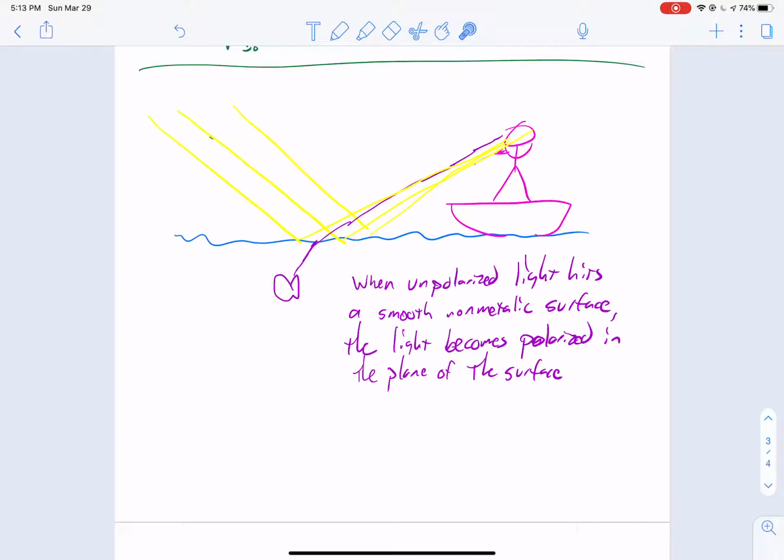So for example, unpolarized light from the sun, it's just jiggling all over the place. After it hits the water, water is horizontal. The light becomes horizontally polarized.